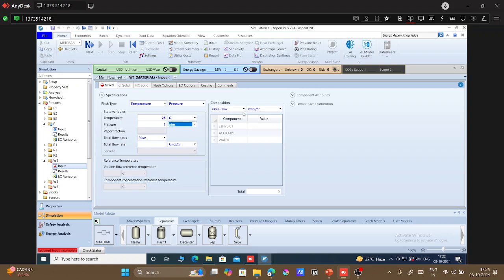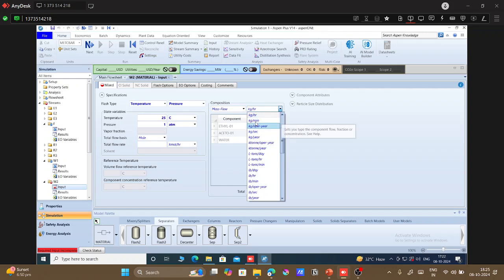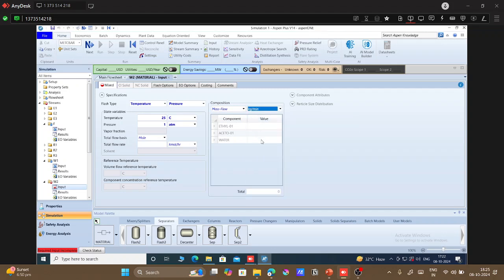We will provide mass flow in kg per minute for water is 1. Okay, same we have to provide for other decanters entrance also. Mass flow rate kg per minute, which is 1.